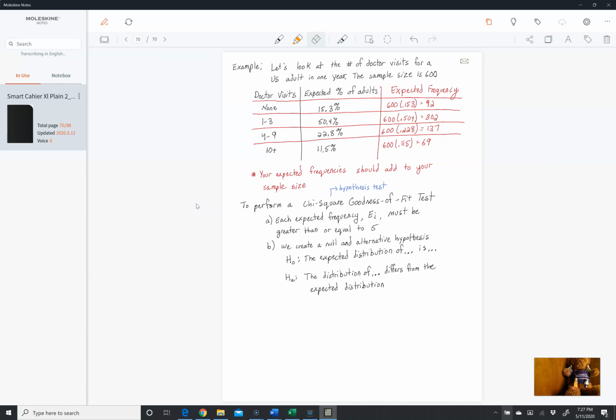The third thing is that, again, we need degrees of freedom. And in this example, the degrees of freedom is k minus 1, where k is equal to the number of categories.